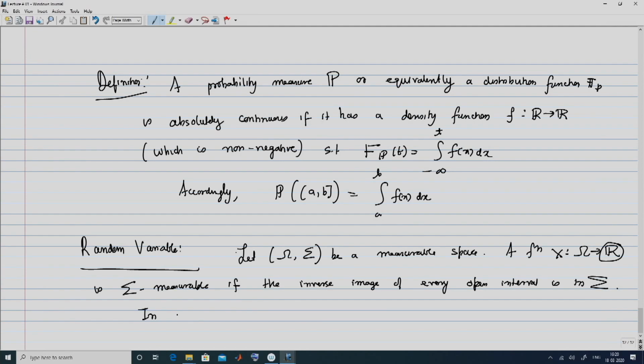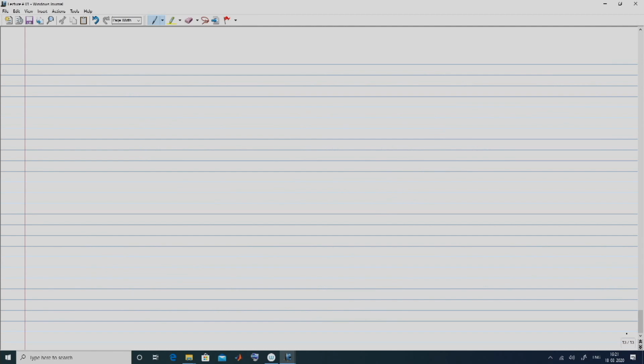In other words, X inverse of any open interval (a, b) belongs to sigma. A measurable function on (omega, sigma) is also called a random variable. That is your definition of random variable in the continuous setup.